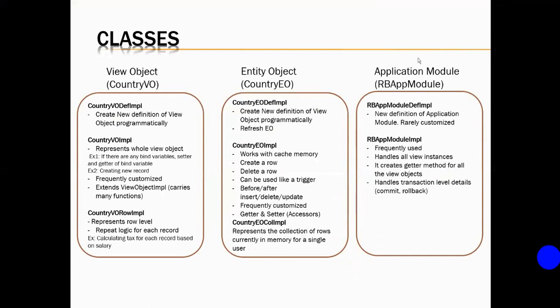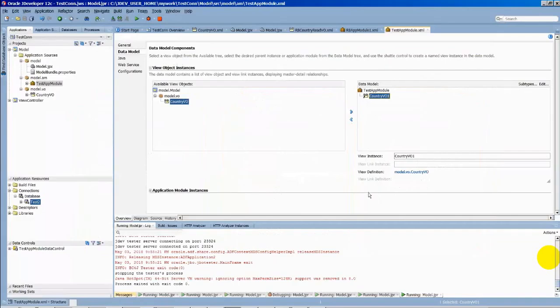Okay. And in the application module, we spoke about the application module definition implementation. The next one is the application module implementation. It is a very important class, and it is very frequently used. In our application, if I have 5 view objects, what happens? All 5 view objects will have 5 instances available in this application module.